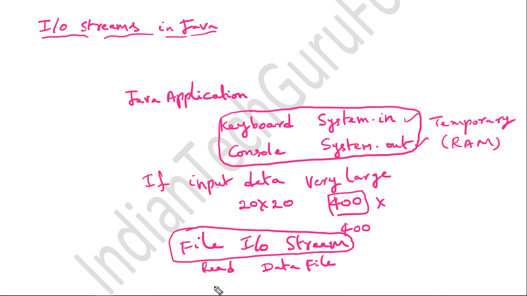Similarly, we can write the data to a data file. So here comes the concept of file IO streams. Generally, whenever we discuss IO streams, in general, we'll be discussing file IO streams.